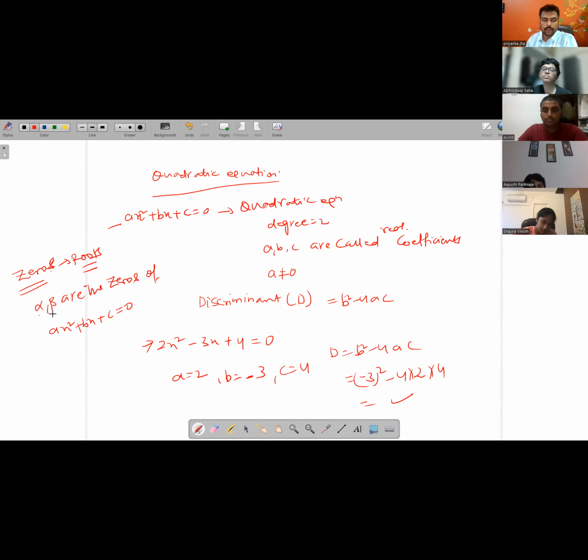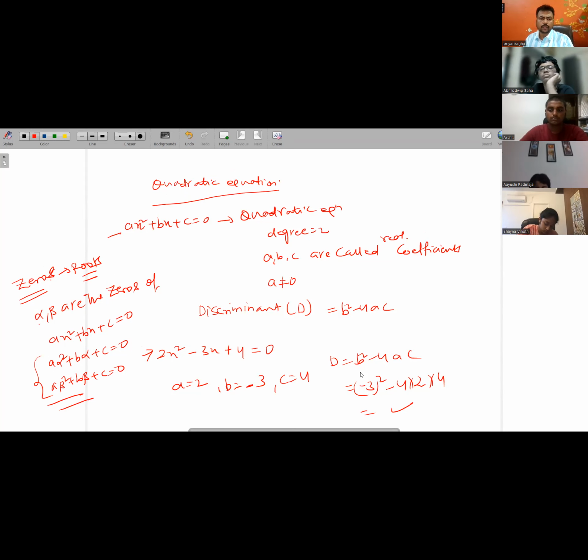It means that alpha and beta are the roots, so they will satisfy the equation. If you put alpha and beta in this equation, it will vanish, that is, become 0. So alpha will satisfy this, and beta will satisfy this. Understood? I don't think you need to write anything; these are the basic things that everybody must know.